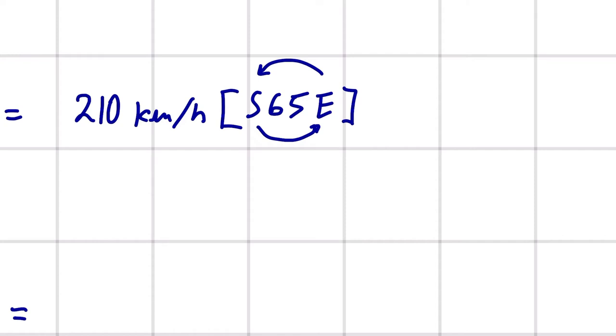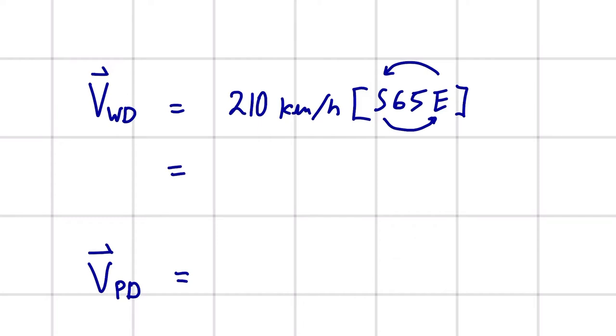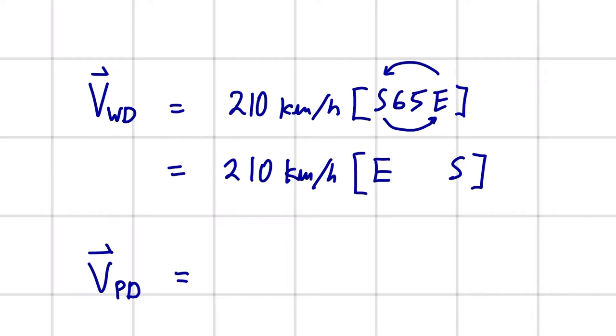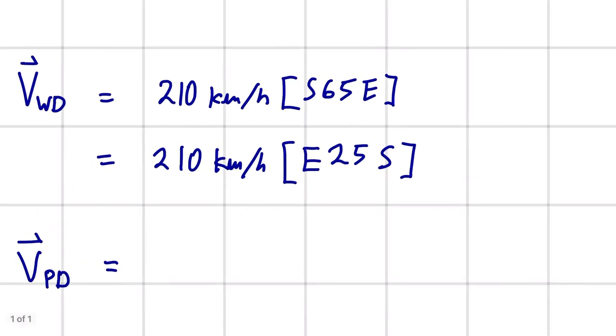We always want our east or west value first, in this first position, then our north or south value in this second position. So I'm going to write an equivalent vector. It's the exact same thing, just written differently. So east, south. And then for the angle, all we got to do is 90 minus 65 is equal to 25 degrees. So when we flip these values, we get a new angle that's 25 degrees.